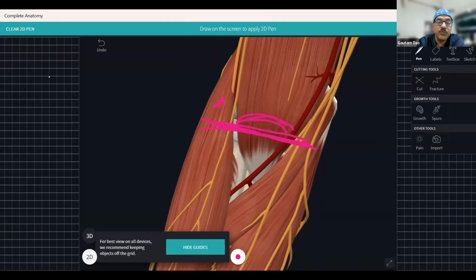On the lateral side, we'll see the brachioradialis muscle, and on the medial side, some part of the pronator teres muscle. So when you put the probe on the distal end of the humerus, we'll see three muscles. The most bulky muscle at the center is the brachialis. On the lateral side is the brachioradialis, and on the other side is the pronator teres.